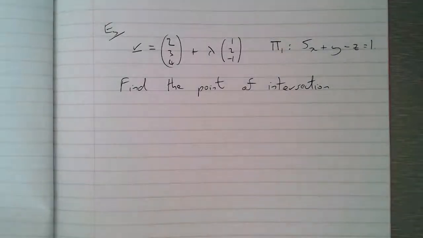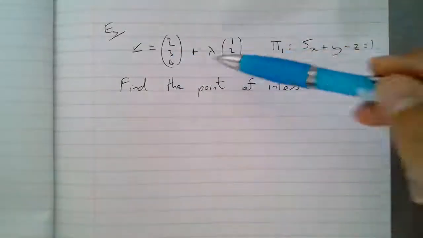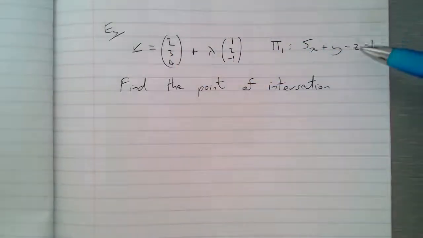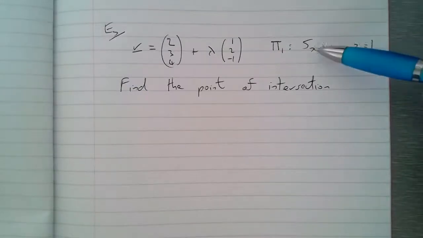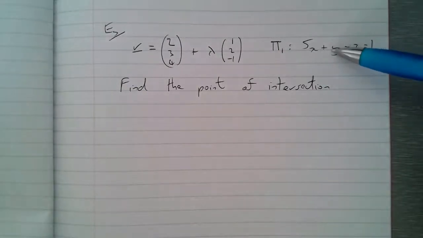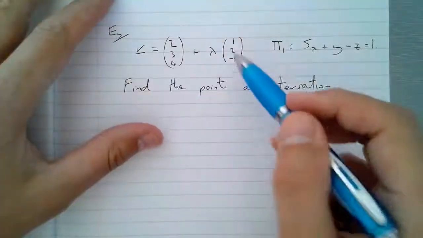So because we can do this by substitution, we could think about substituting the line into the plane, and in order to do that we need to find values for x, y and z. So we can do that from here.